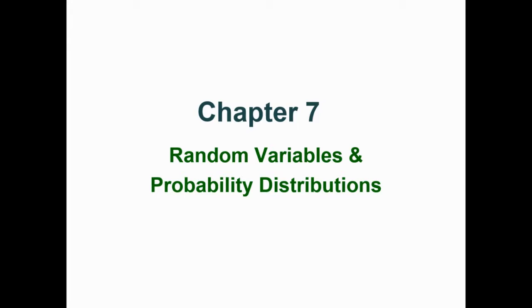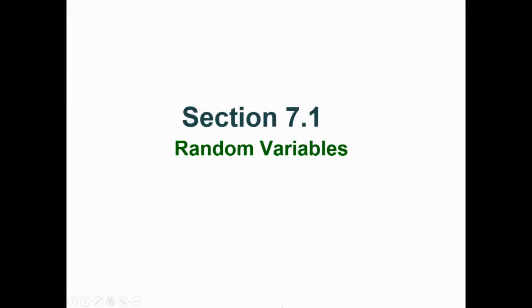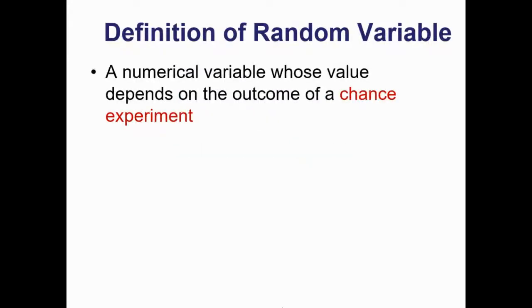Okay, so first, we're going to start off, if my clicker will work. 7.1, looking at just random variables. What's a random variable? A random variable is a variable whose value depends on the outcome of a chance experiment.